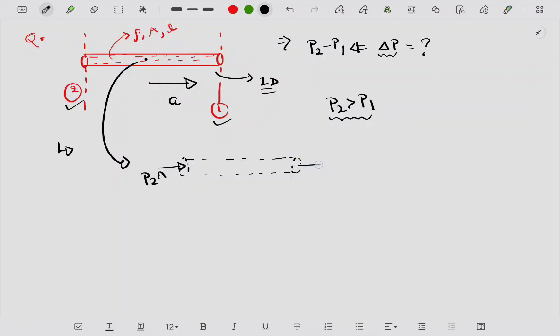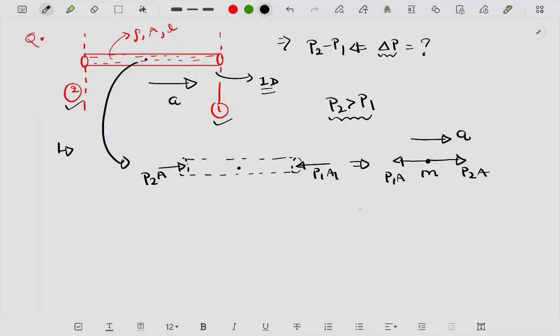What is the force acting from this side? The force acting from this side is P1A. So on the FBD of this body we get one force in this direction, P2A, one more force in this direction, which is P1A, and that is the mass of this fluid, and this fluid is having an acceleration in the forward direction.